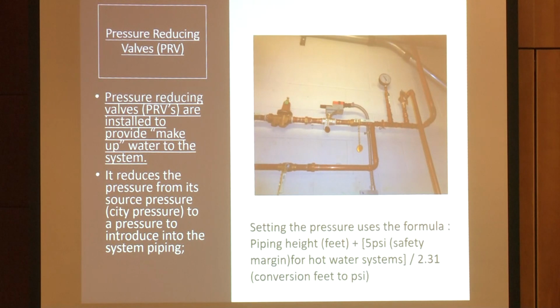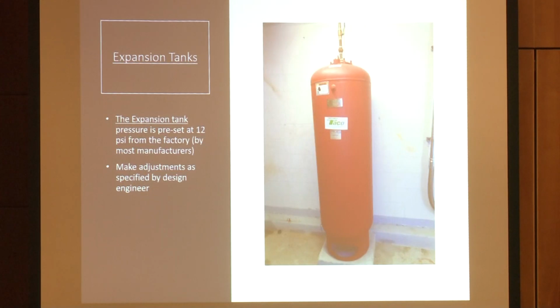Because if the pipes aren't full of water, they end up being full of air, and air is not good for pumps, right? So we make sure that we set that PRV in the beginning to make sure everything works.